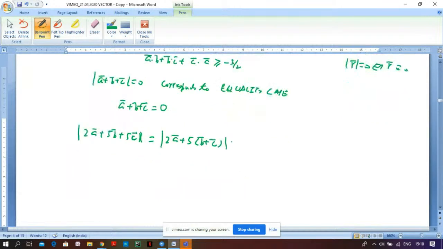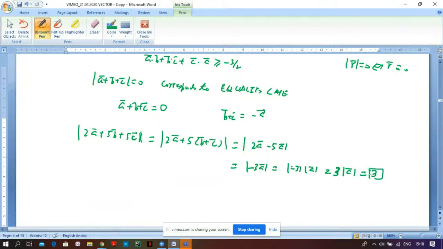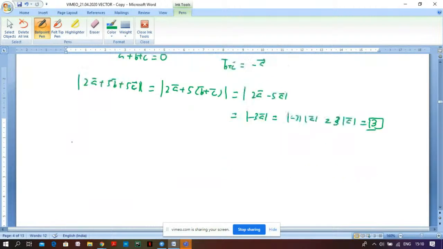And then we are good, because you are getting twice of A, and B plus C from here equals negative of A. So 2A minus 5A is negative 3 times A. That is modulus of negative 3 and modulus of A, that is 3 times modulus of A. Because A, B, C are unit vectors, the answer will be 3. So this answer happens to be an integer type answer, as in JEE Advanced it is integer type.